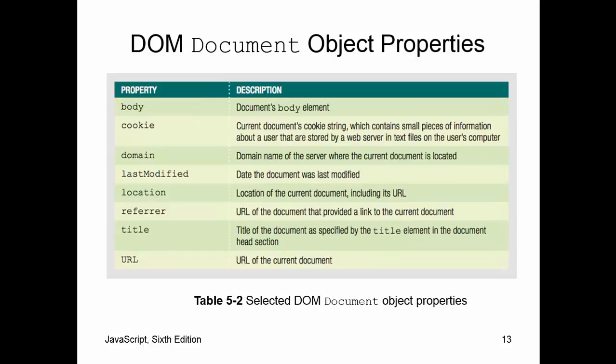And this is the table that's shown on the top of page 296. Some of them you should be able to look at and they should just make sense. Body, URL, etc. Some of them you may or may not have heard before, like referrer, the URL of the document that provided a link to the current document.